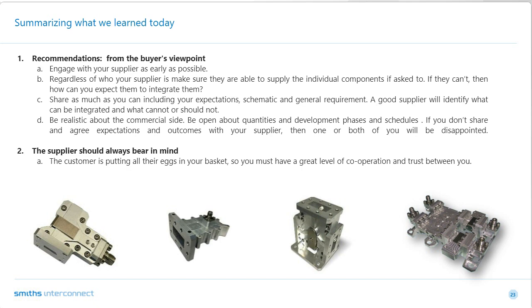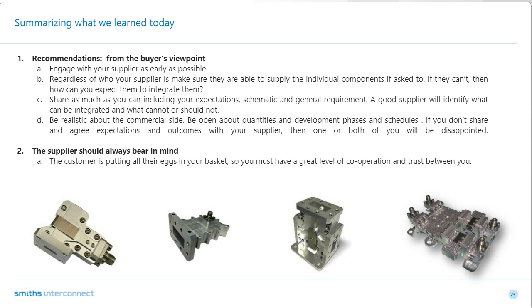Again, this is on the technical side, sharing expectations. What does the buyer have for a package? What's the schematic? What are the general requirements? Environmental, EMC, all of the above. The ability to put that into the supplier's hands is extremely important to the overall performance of the multifunction assembly.